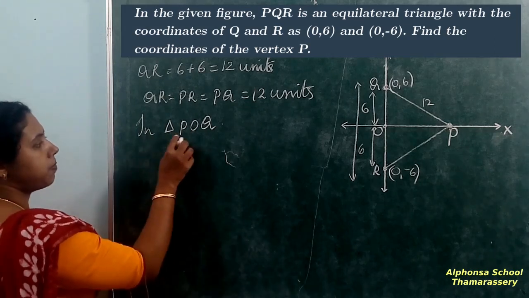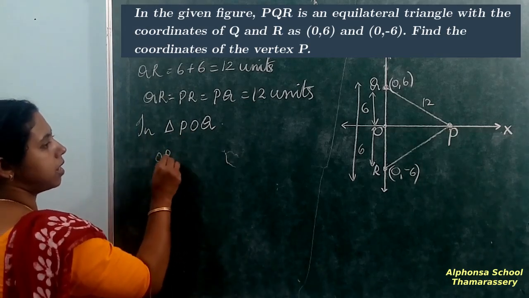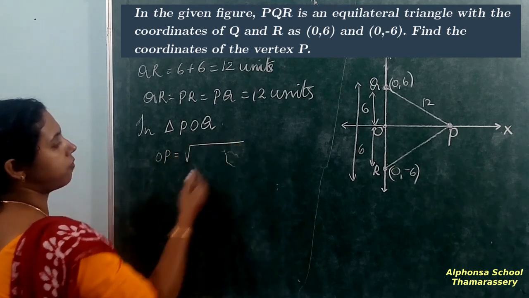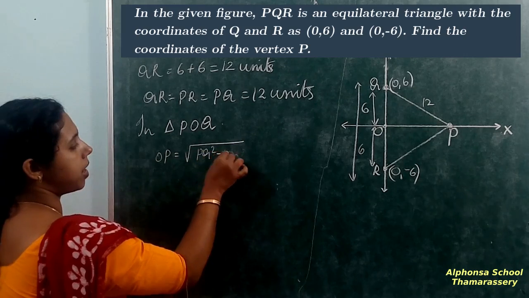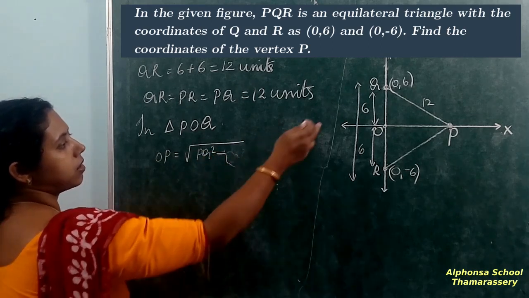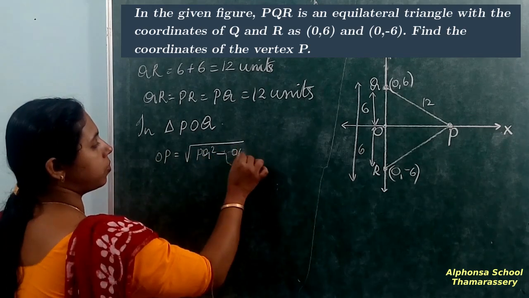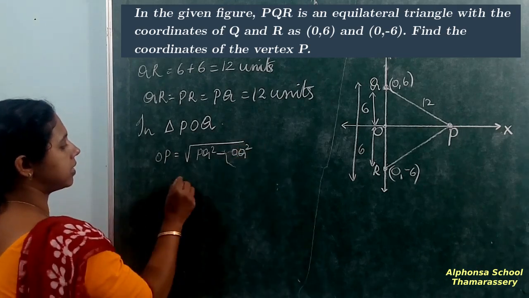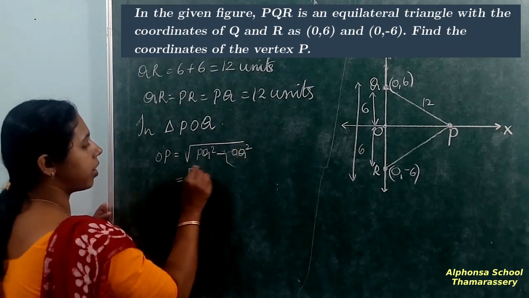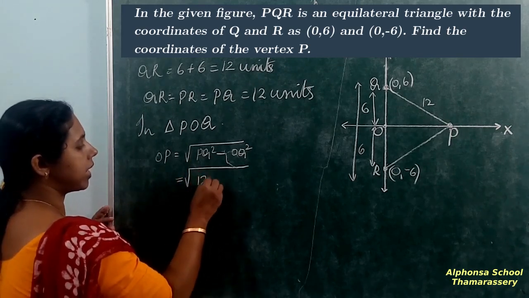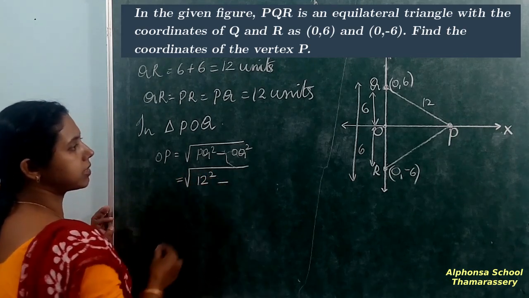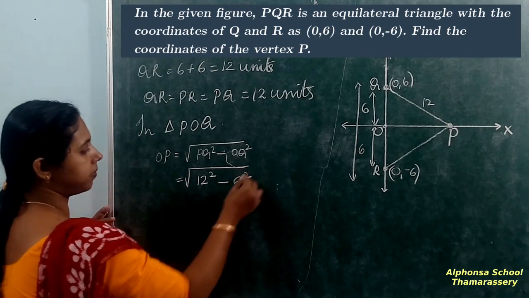In triangle POQ, OP is equal to the square root of hypotenuse square, that is PQ square, minus base square, that is OQ square. That is equal to the square root of 12 square minus 6 square.